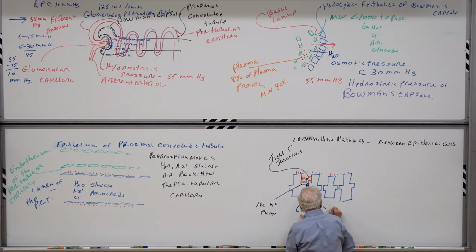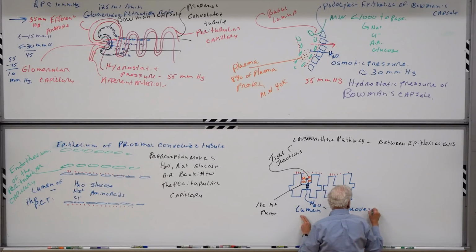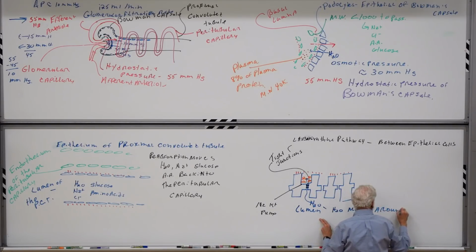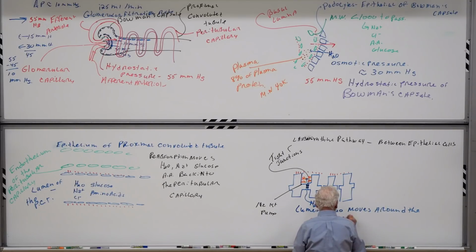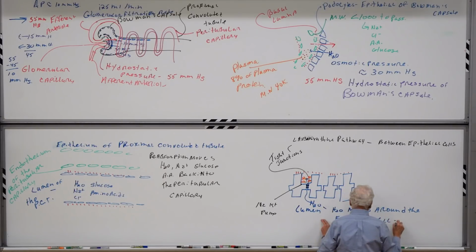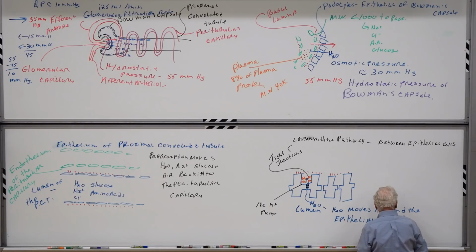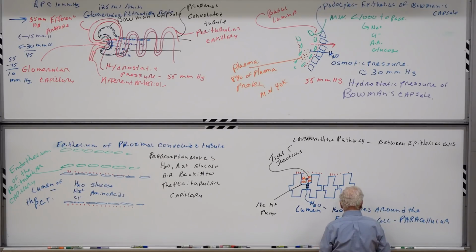So basically, water moves around the epithelial cells in what is known as a paracellular pathway.